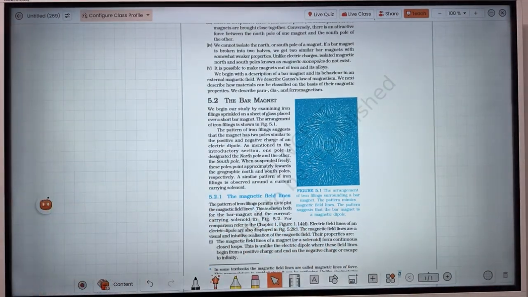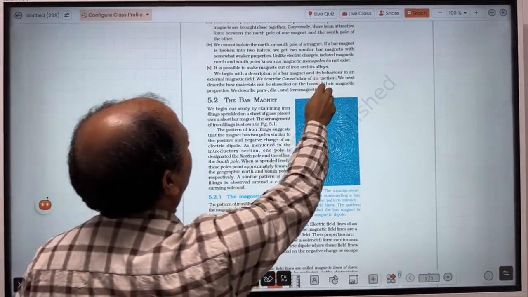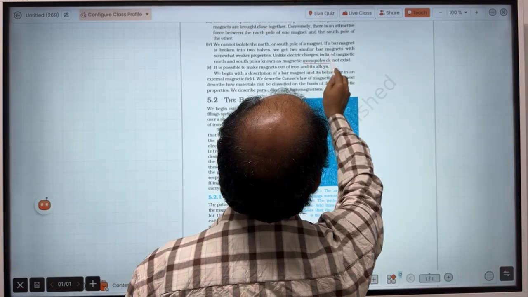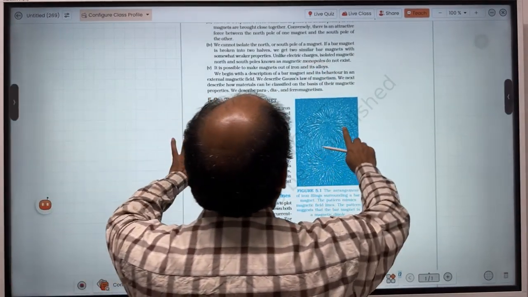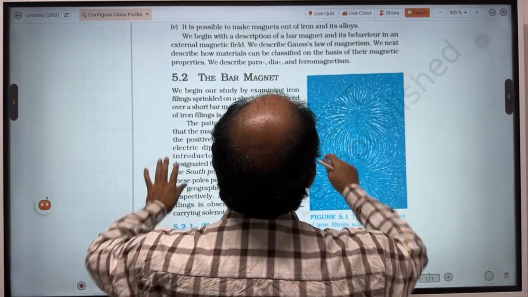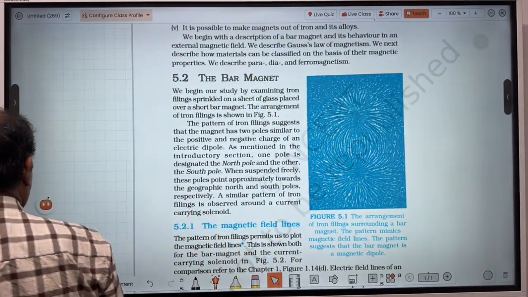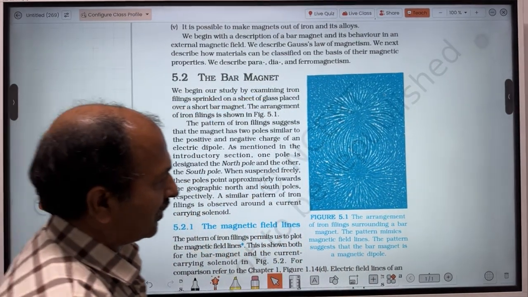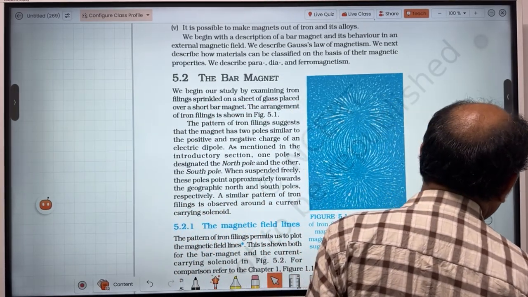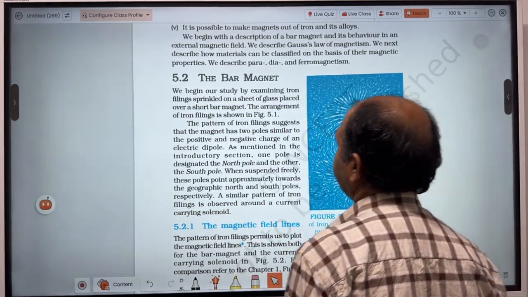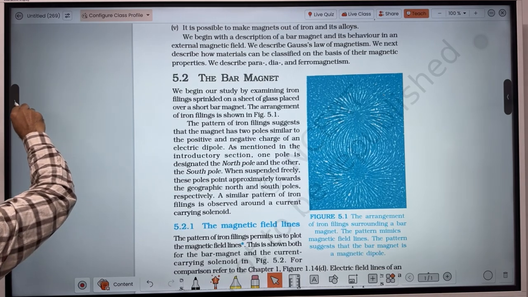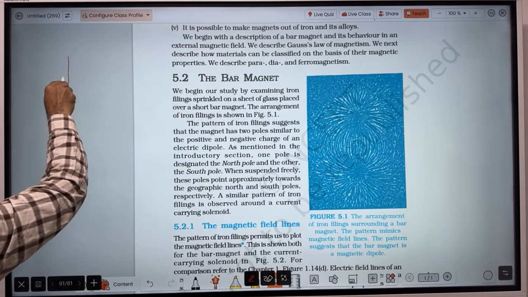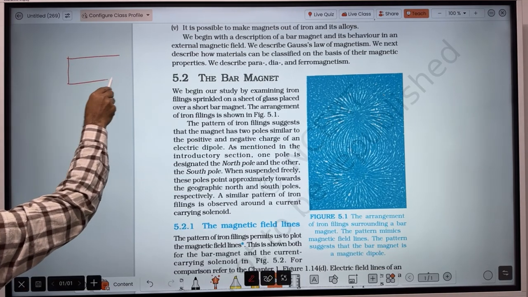Like here, monopoles do not exist. Of course, in the case of a magnet, if you go on cutting it into several pieces, you will observe that every time you cut it, you get a new magnet with north and south pole.